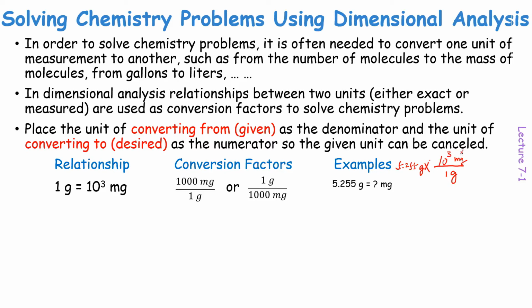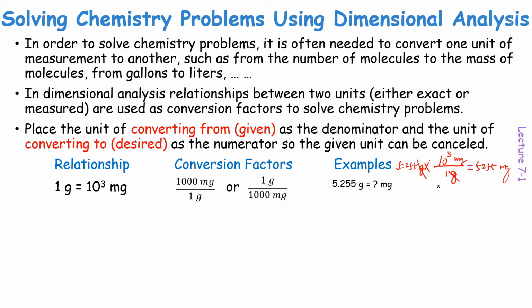This way you see grams and grams can be cancelled. That's why we ask you to place the unit you are converting from as the denominator. So therefore we have the answer here, 5,255, and then you see the remaining unit here is milligrams. You just copy that.